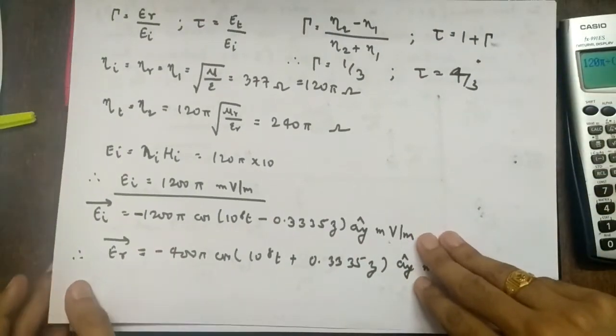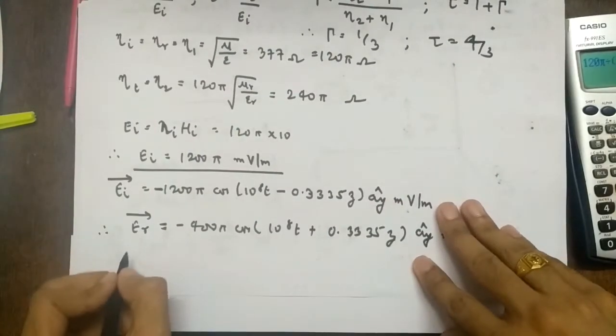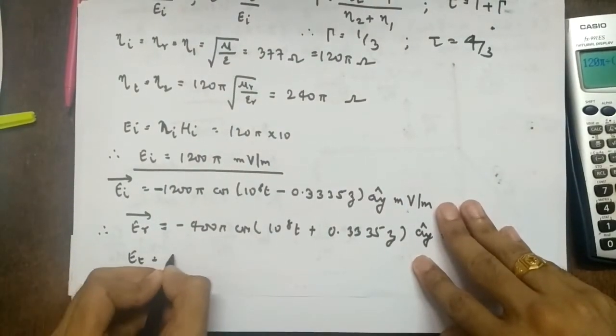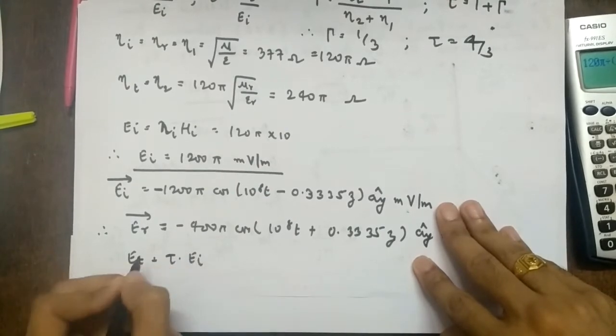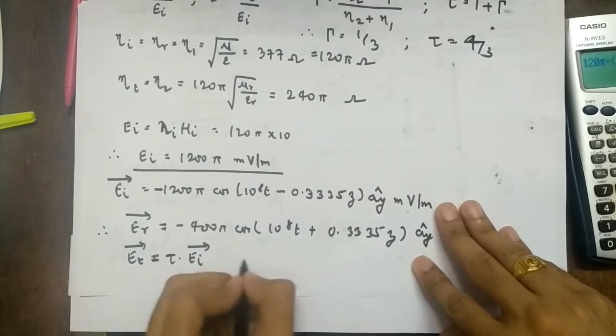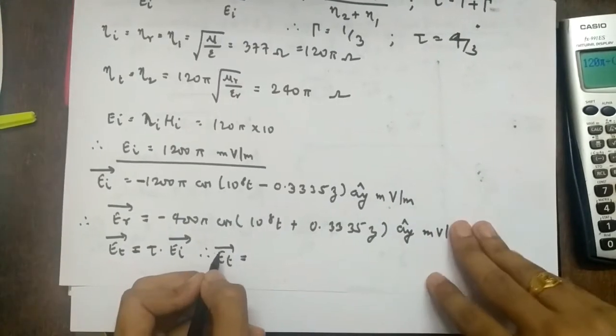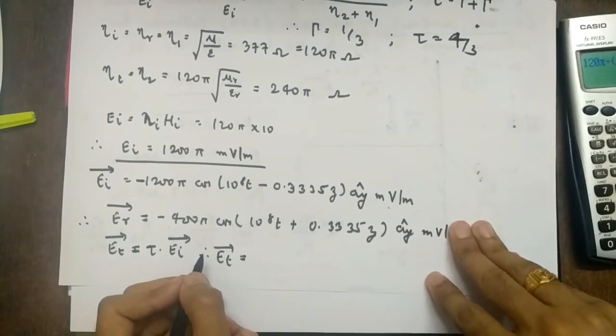Okay, so where was I? So tau is ET upon EI. We know tau, we know EI. So ET is tau into EI. So therefore ET vector equals tau, which is 4 by 3, into EI vector.